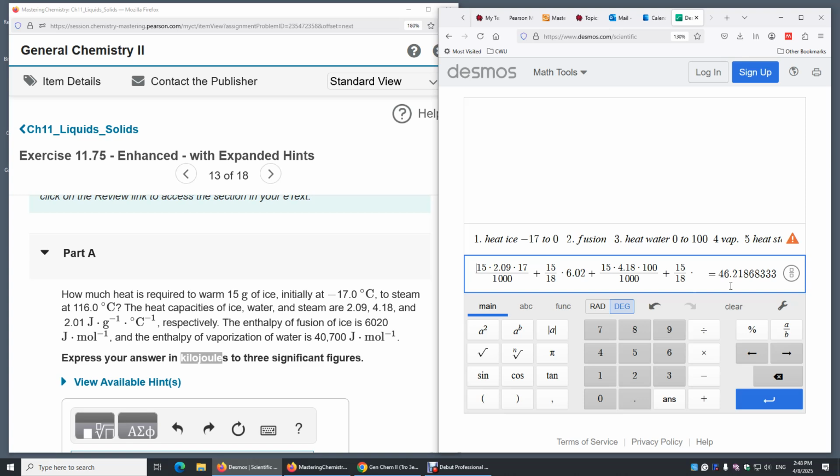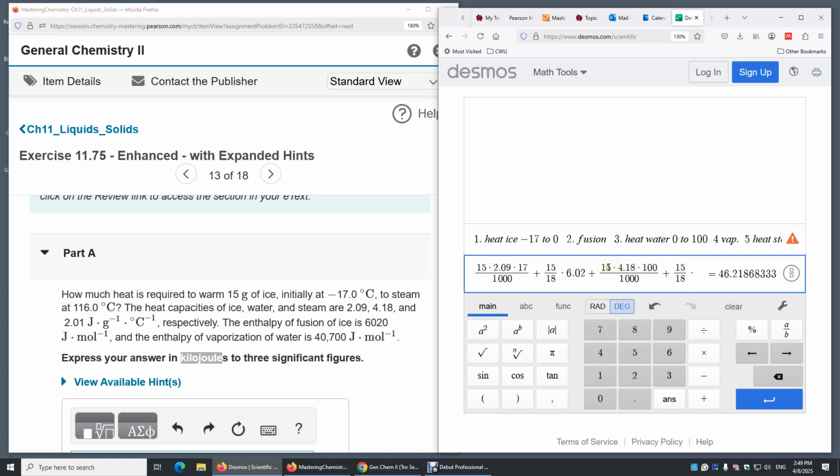As you can see, we have 5 terms. I'm summing up 5 terms because this process involves 5 steps. First step, we heat up ice from -17 to 0. We need the specific heat capacity of ice times the grams of ice times the temperature change. Step number 2, fusion. We have the number of moles of ice and the heat of fusion. Step number 3, we heat up liquid water from 0 degrees Celsius to 100 degrees Celsius.